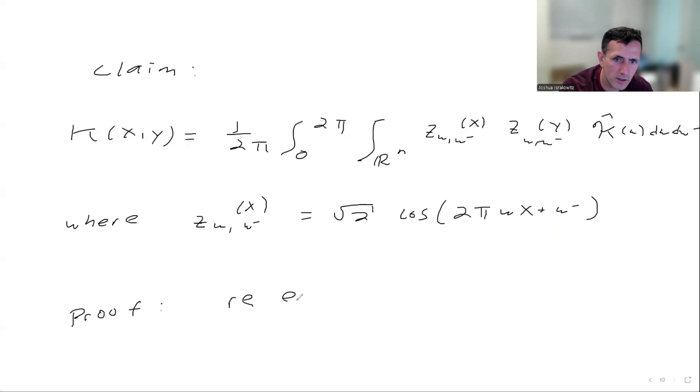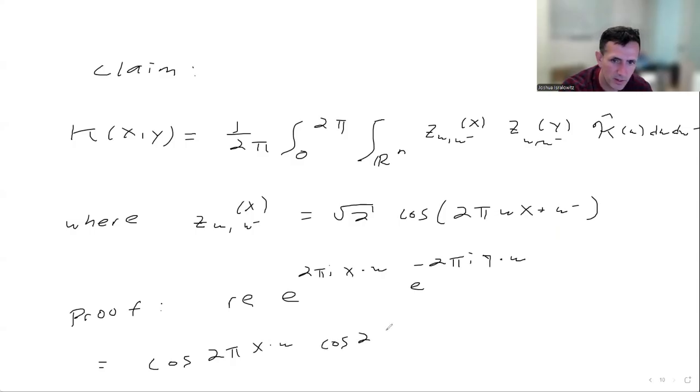So the real part of this here, e to the 2 pi i x omega, e to the minus 2 pi i y omega, is going to be cosine, cosine, sine, sine. You can check that super easily. So this is really more pain to write than anything.